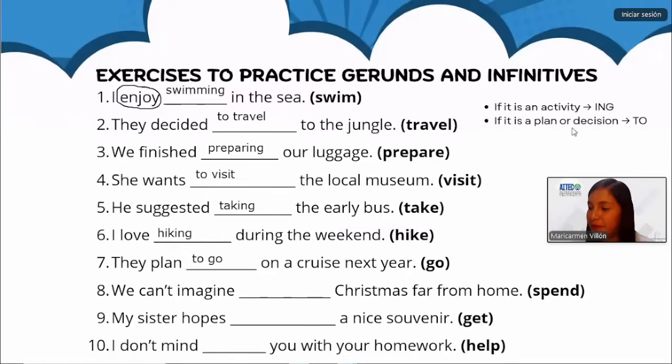I am reading your answers. To spend, spending, ¿cuál de los dos? What do you think it is? Dos respuestas, ¿no? Me dan to spend y spending.